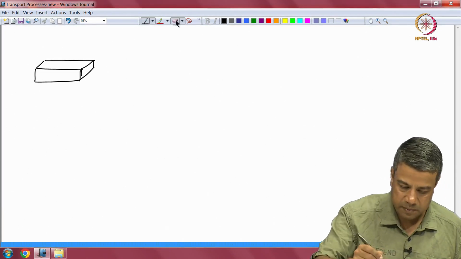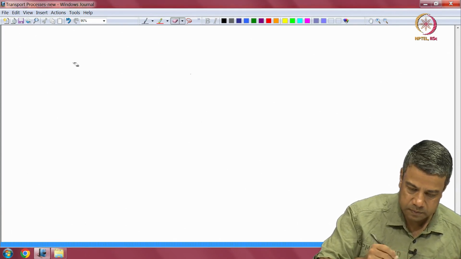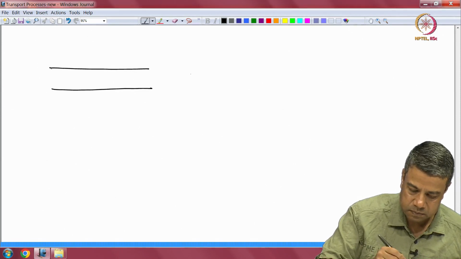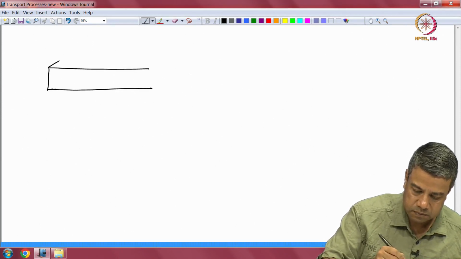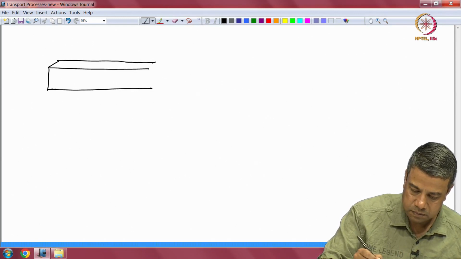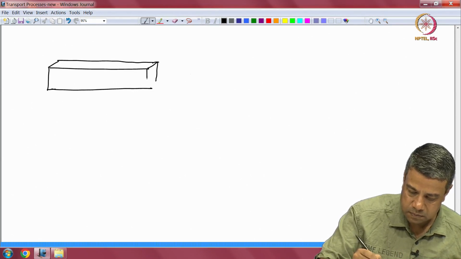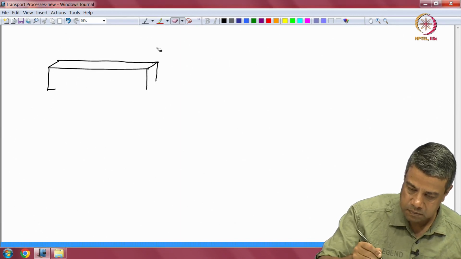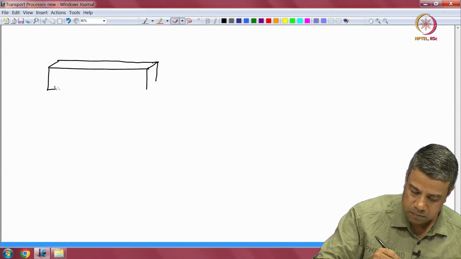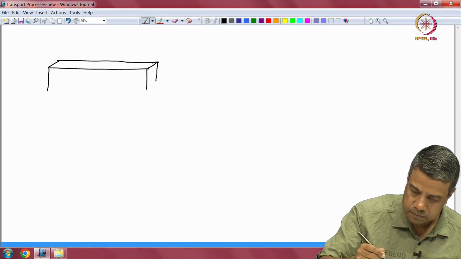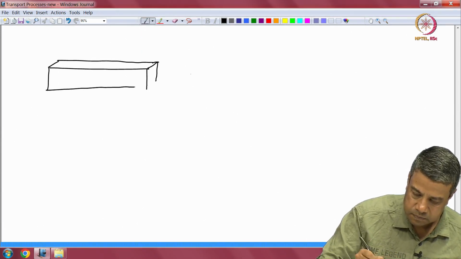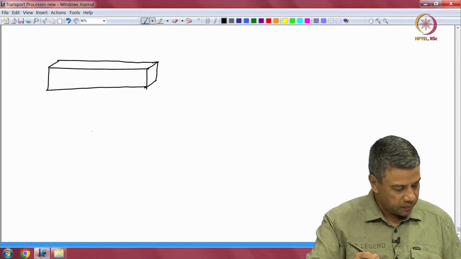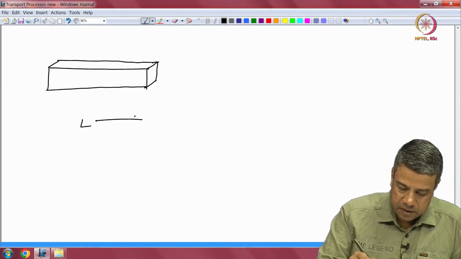Let me draw it a little longer. This is the length of the object.